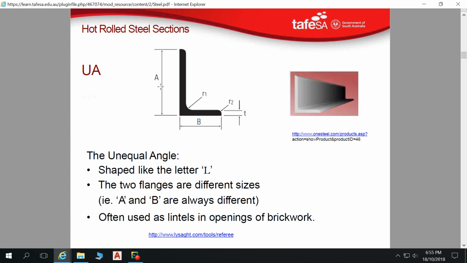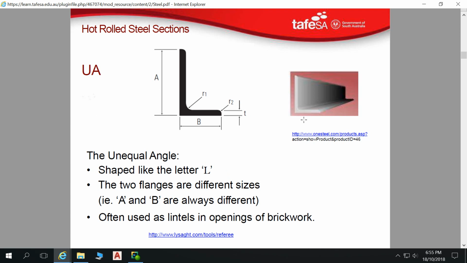Looking at the roof, we've got SHSs and equal angles and some unequal angles and some flat plate for cleats, etc. So Tonsley is a fantastic place to see all these bits in use. But for those at home, either come into Tonsley and have a look around or have a look online at various different uses.